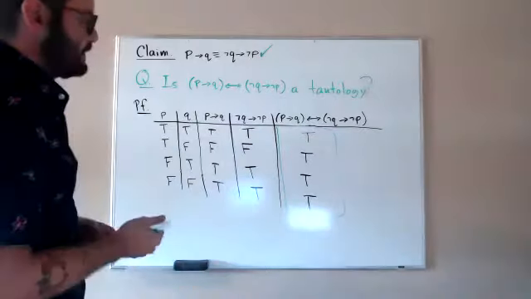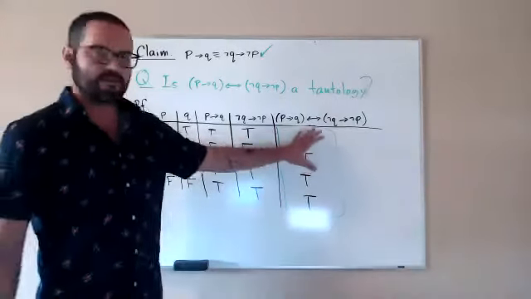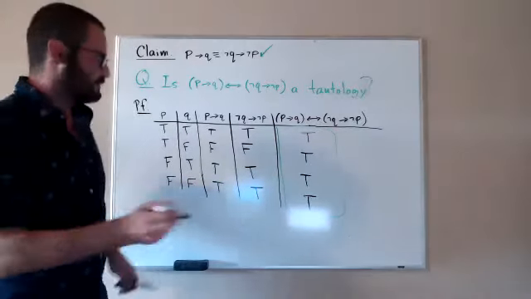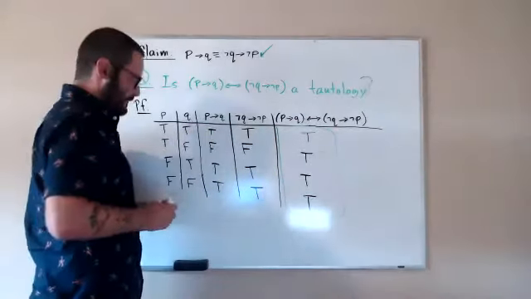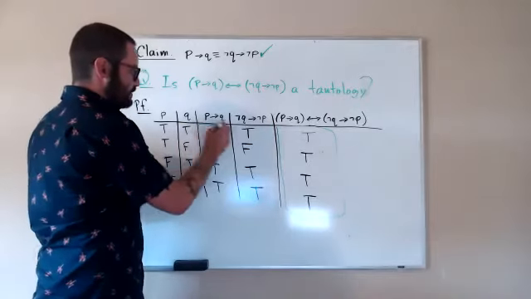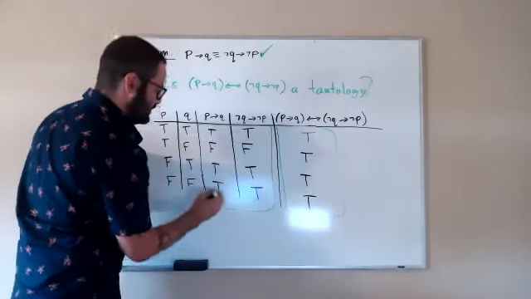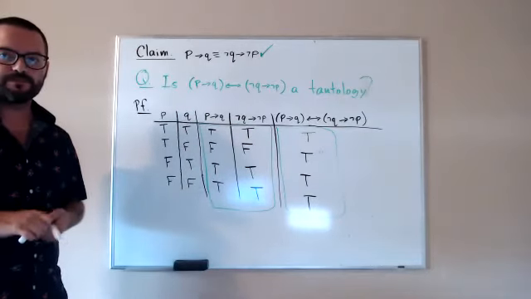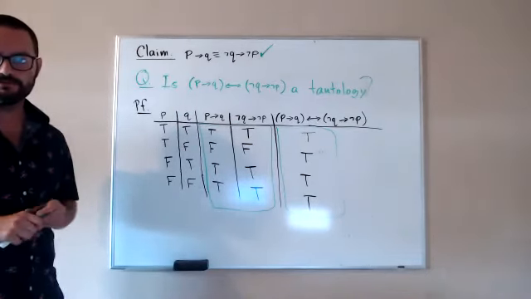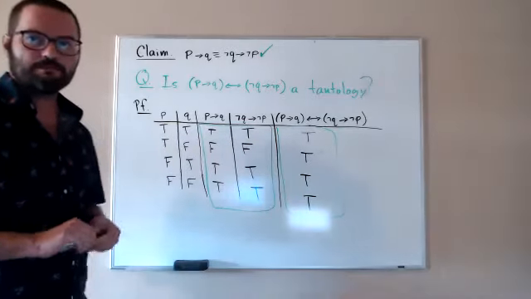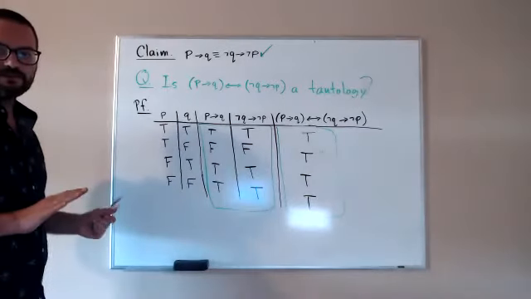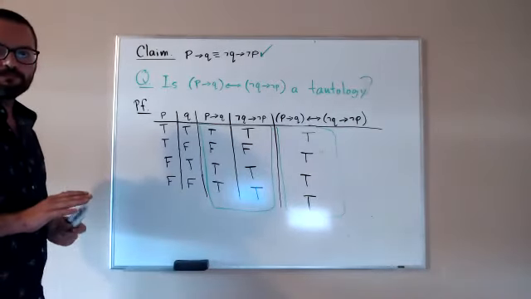Now, you don't necessarily need to actually fill out this column here, because you can just look right here at these two columns, and they match up. They're the same, so you can finish it there. Okay. Any questions on that? Okay.